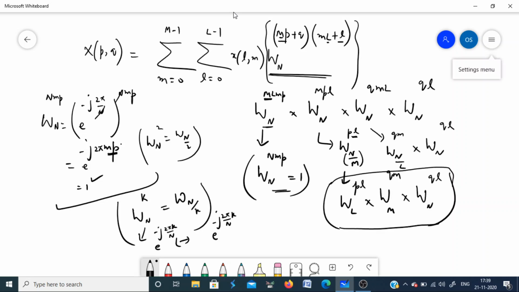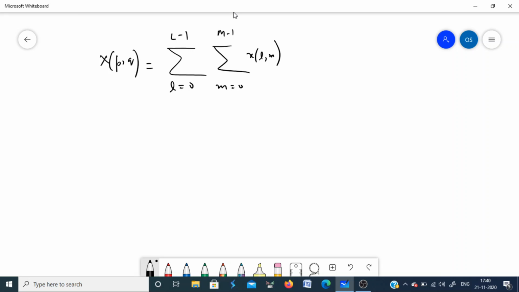Okay, so I can rewrite this equation as x of p comma q equal to, by changing the order of summation, the sum over L from 0 to L minus 1, the sum over m from 0 to M minus 1, of x of lm. Then we have 3 terms left: wn to the power lq, wm to the power mq, and wl to the power lp.